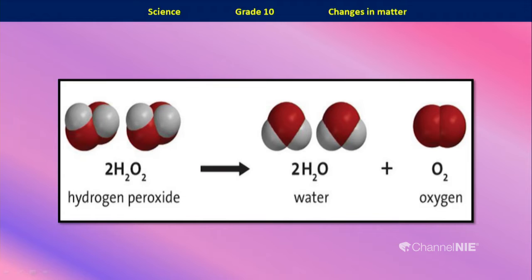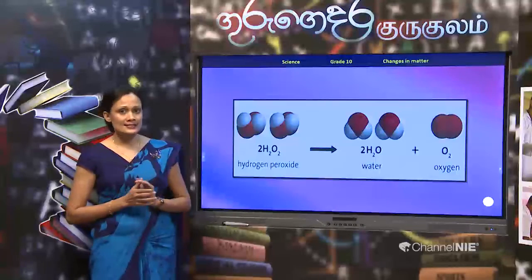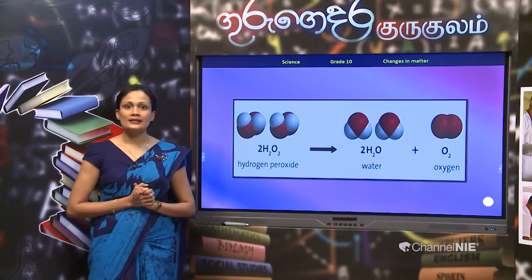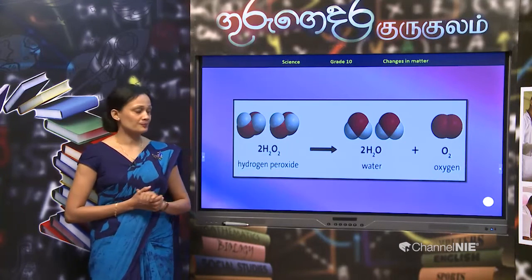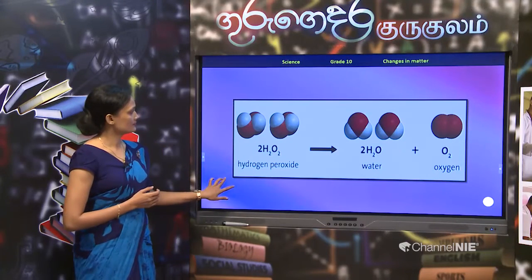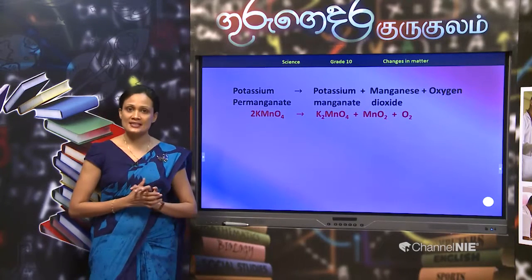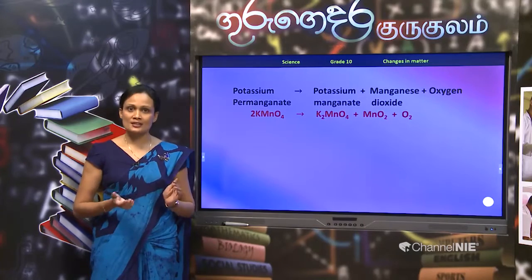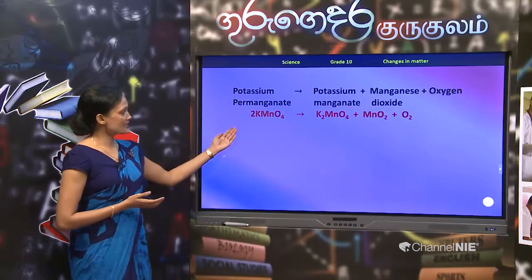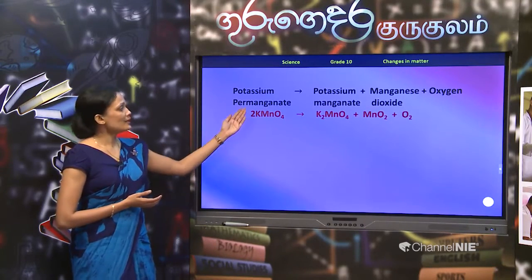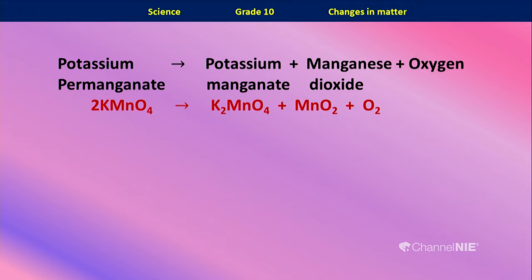Now I am going to explain some other examples relevant to this type of chemical reactions. Heating potassium permanganate. We discussed that one. When heating potassium permanganate, it produces potassium manganate, manganese dioxide and oxygen gas.